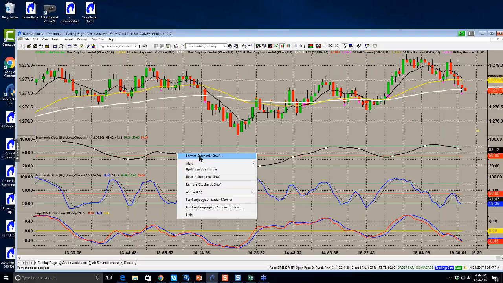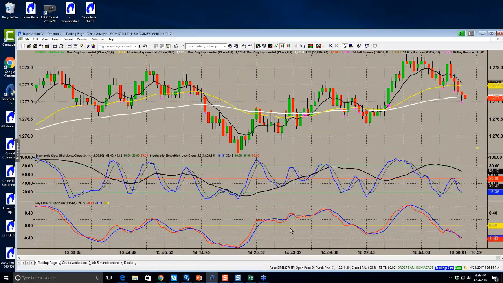In our platform, we can. So when you see us in the chart, you're seeing the slower stochastic, which is the black, and then the faster stochastic, than the larger period. They are both slow stochastics.